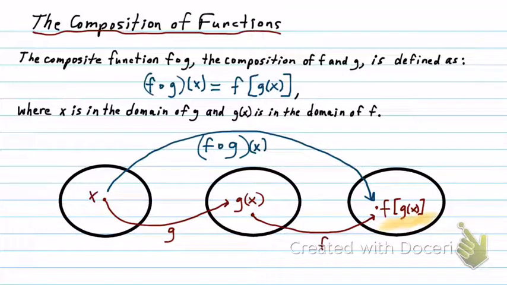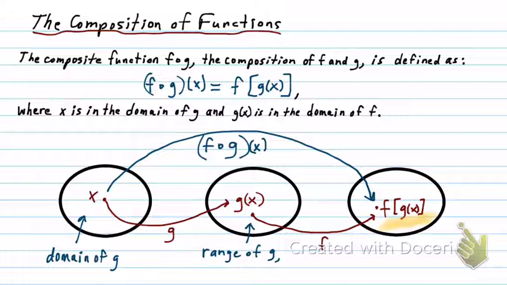A couple of things I want to point out here. Notice this circle represents the domain of g. It's the set of all our x values, the inputs that we plug into g. And then over here, g of x is the range of g. So we plug an x into the g function, our output is g of x.